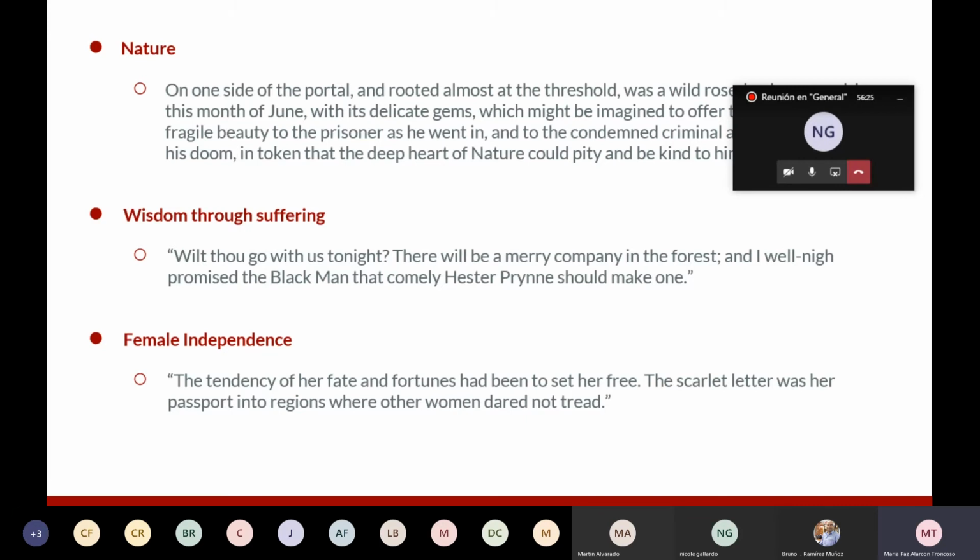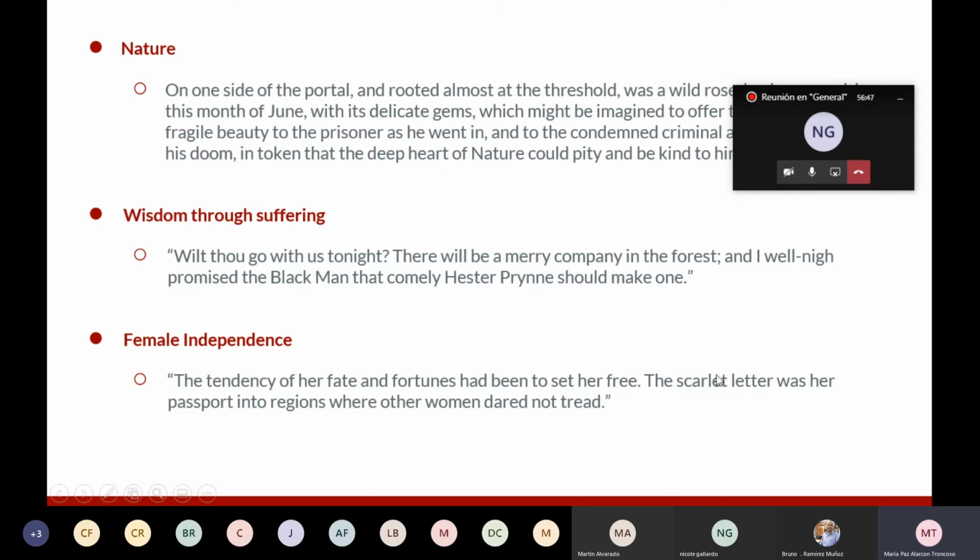The story talks about how she faced her problems alone as a strong woman when she had nothing on her side, and managed to be respected in a structured and rigid community. "The tendency of her fate and fortunes had been to set her free.